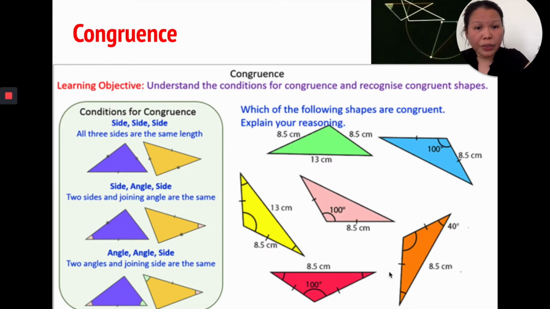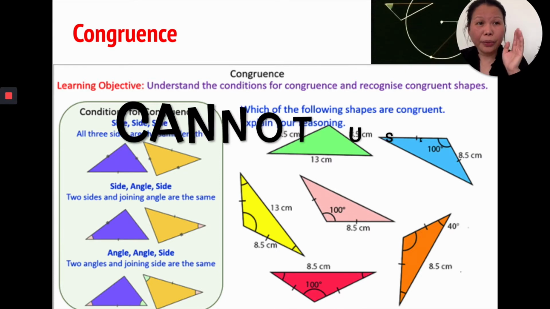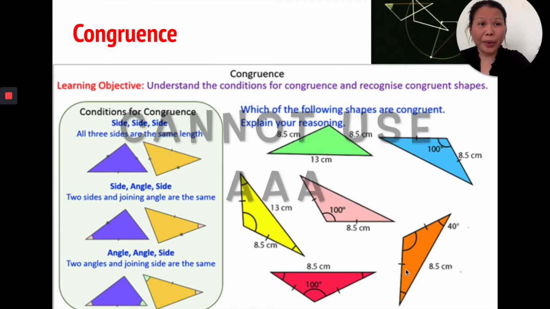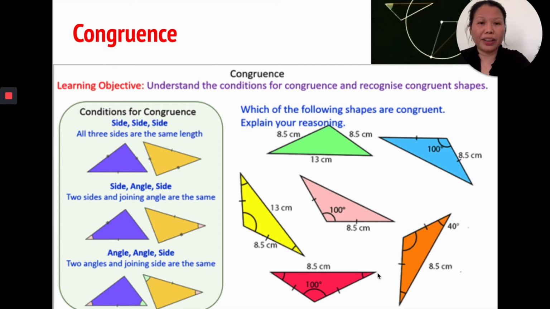How about the side? We don't know the side length, but we do know that these are congruent to each other. It looked like maybe all the angles are congruent to each other, but that is one of the things we cannot use: angle, angle, angle cannot be used as triangle congruency. So these two, we cannot use angle, angle, angle, and that's the one that we will say not congruent.